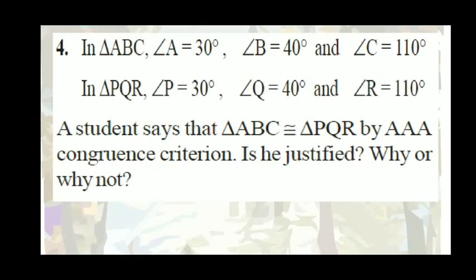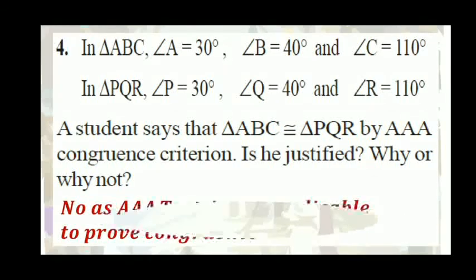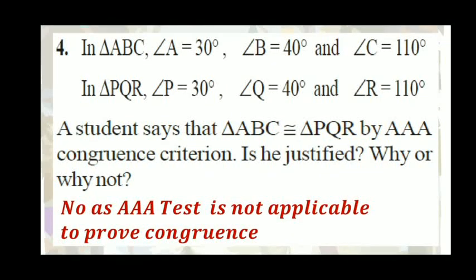No, you cannot. That simply means that AAA test is not a criterion to prove congruence. That is why we would say no, as AAA test is not applicable to prove congruence, it wouldn't work here. That's what we should write, because AAA test is there, but it is for similarity, it is not for congruence. Similarity is a concept that you would learn in higher grades.